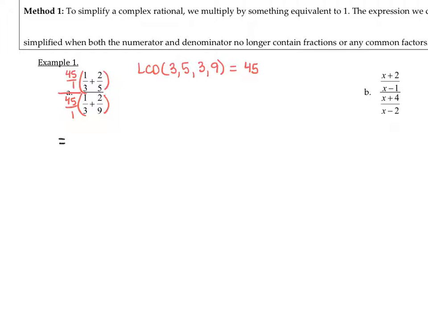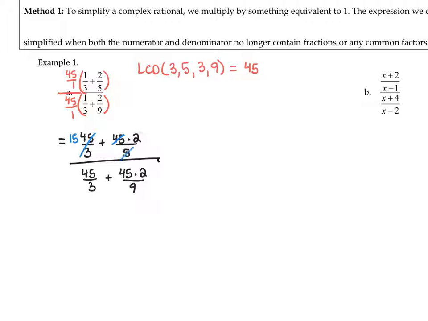Go ahead and distribute, and you get 45 over 3 plus, I'm going to write this as 45 times 2 over 5 instead of 90 over 5, and you'll see why in a minute. And then I have 45 over 3 plus 45 times 2 over 9. Now we go through and we reduce. 45 divided by 3 is just 15 over 1, or 15.